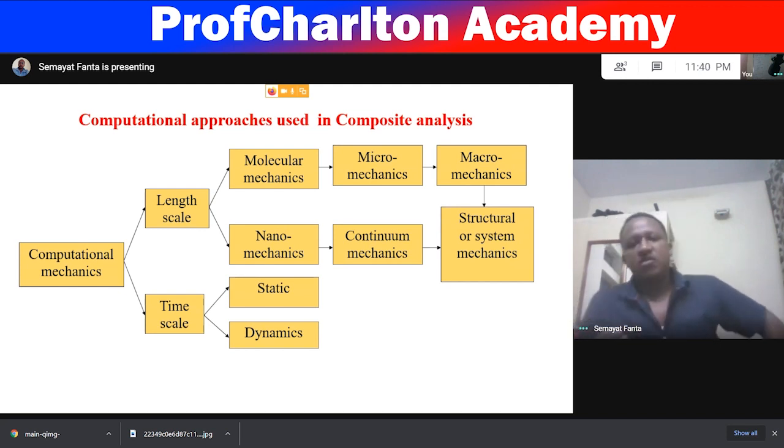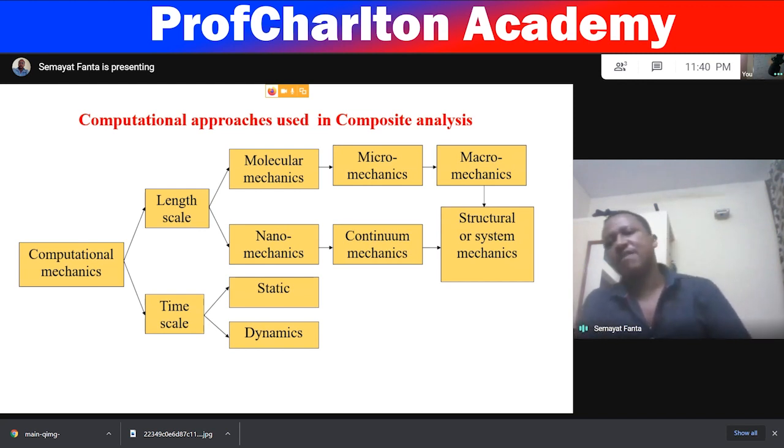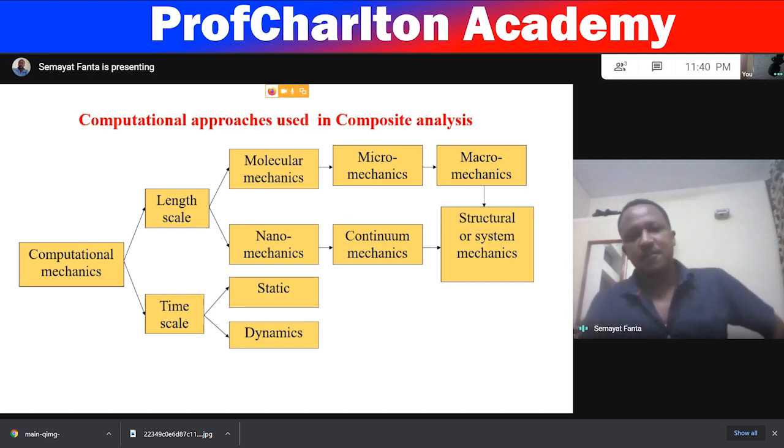We can analyze the length scale of computational mechanics in terms of the molecular or atomic level, micro or microscopic level, meso or millimeter level, and macro in terms of the metric unit system, and then the structural or whole system, which is measured in tens to hundreds of meters. Another category is nanomechanics, then continuum mechanics, then the structure or system.